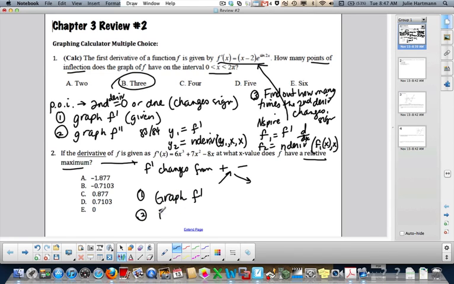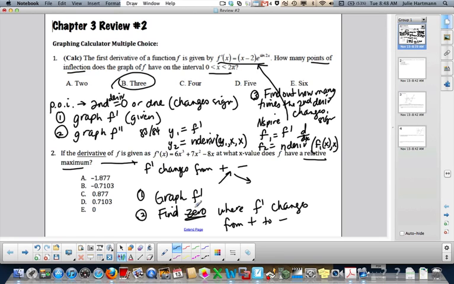In step 2, find the 0 where f prime changes from positive to negative.